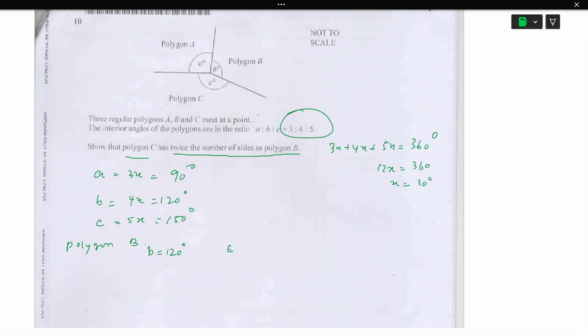So the exterior angle is 180 degrees minus 120 degrees, which is 60 degrees. So the number of sides is easy to find out. Number of sides is 360 divided by the exterior angle 60, which is equal to 6 sides.